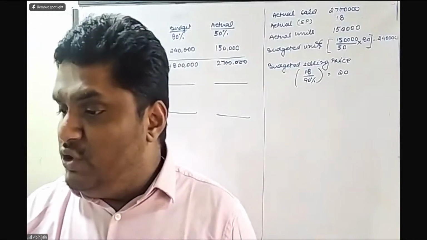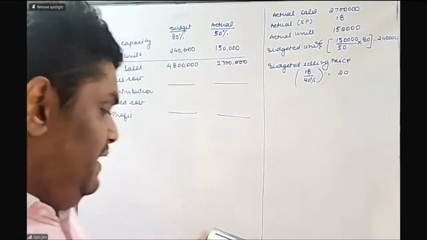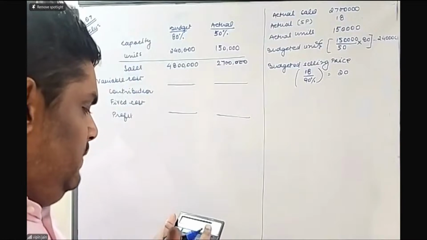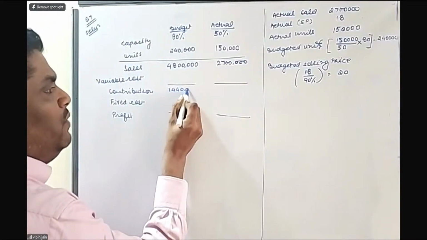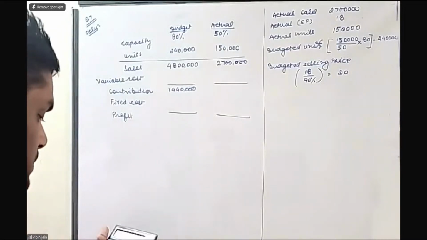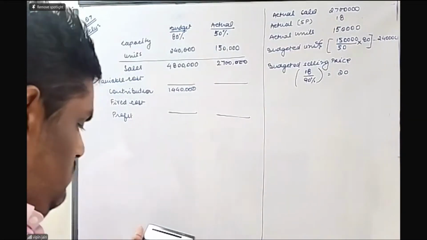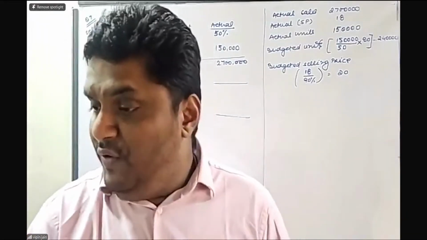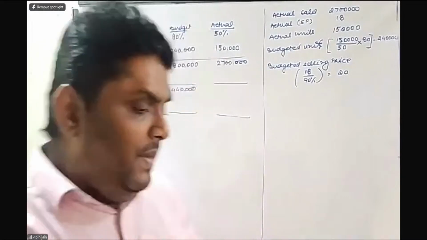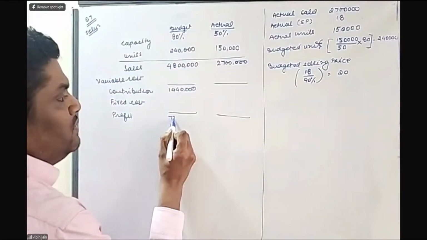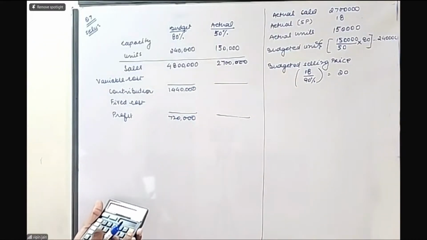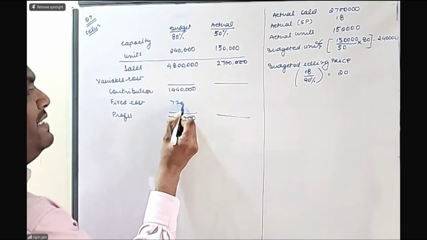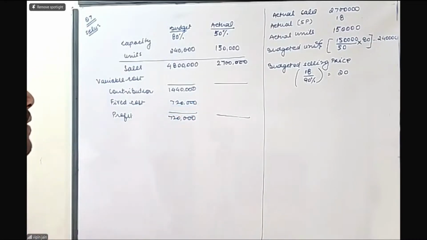And budgeted PV ratio is given, that is 30%. So 48 lakh into 30%, that is 14,40,000, will be my contribution. And profit will be 15%. So this will be my profit, that is 7,20,000. So now we can easily calculate the variable cost and fixed cost. So my fixed cost will be 7,20,000.